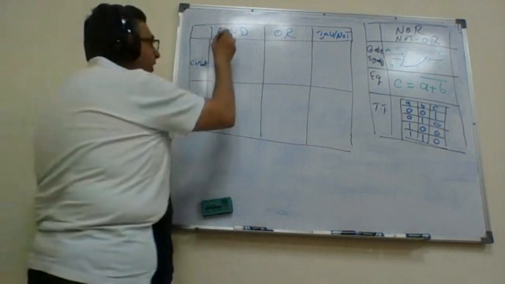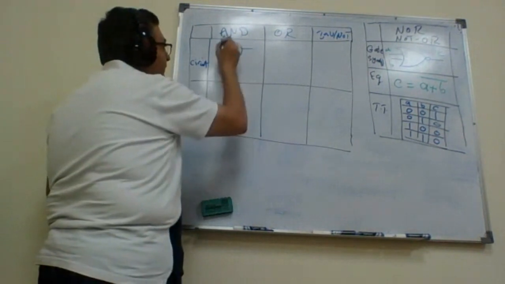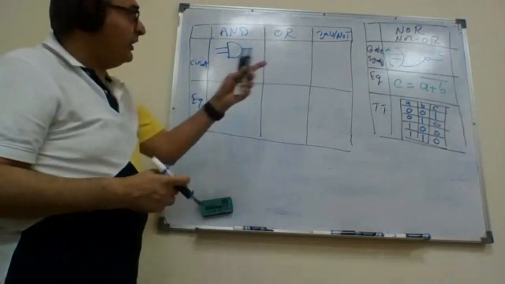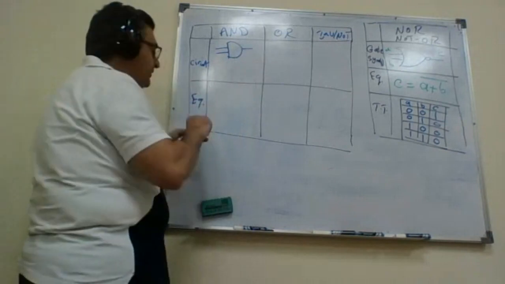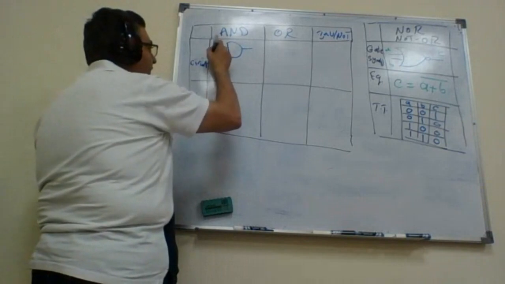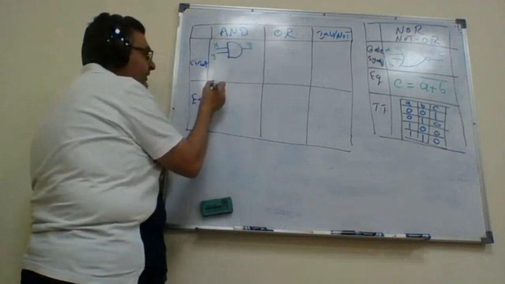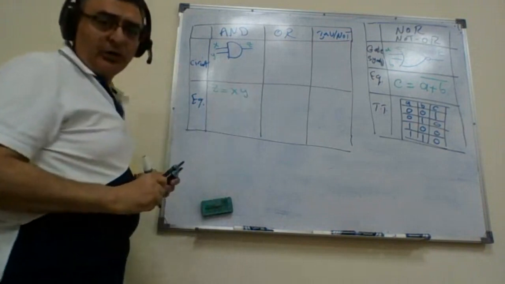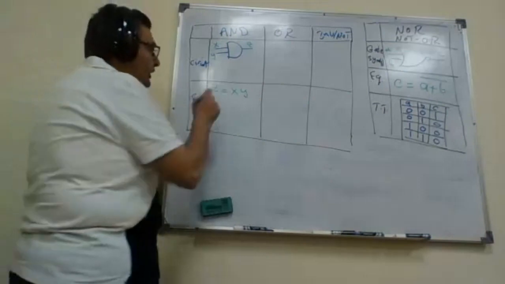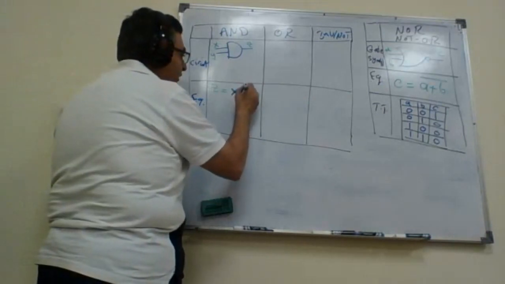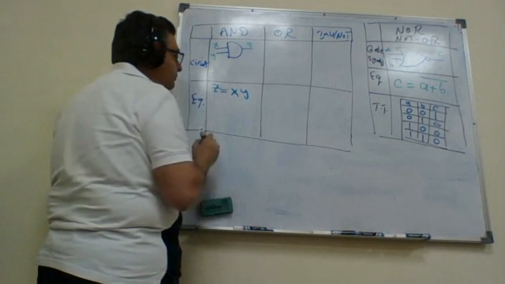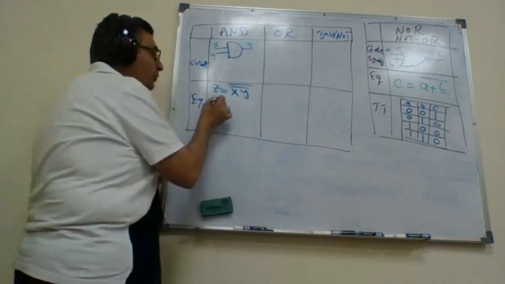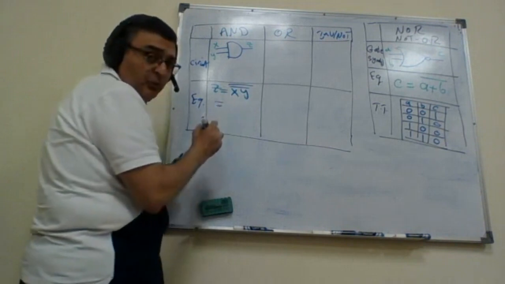If I have an AND gate and I want to replace it with a NOR, this can be represented in the equation as x, y, and z, so z equals x AND y. If I want to represent it using NOR, I put 2 bars and break the inner bar using De Morgan.